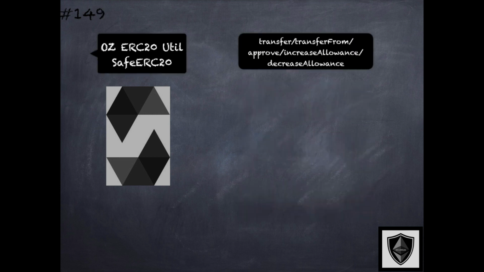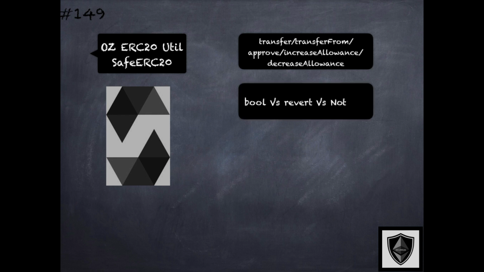One such utility related to the ERC20 token standard is what is referred to as SafeERC20. The transferFrom, approve, increase and decrease allowance functions of ERC20 tokens are expected by the specification to return a Boolean value. However, contracts implementing the standard might choose not to return a Boolean, deviating from the specification effectively.